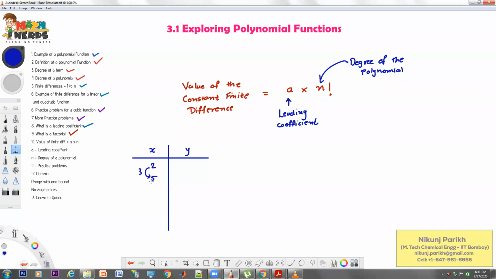So the next one must be 8. You keep this difference 3 constant each time, and then you find out the finite differences. So it will work, but this will work to identify the degree of the polynomial.